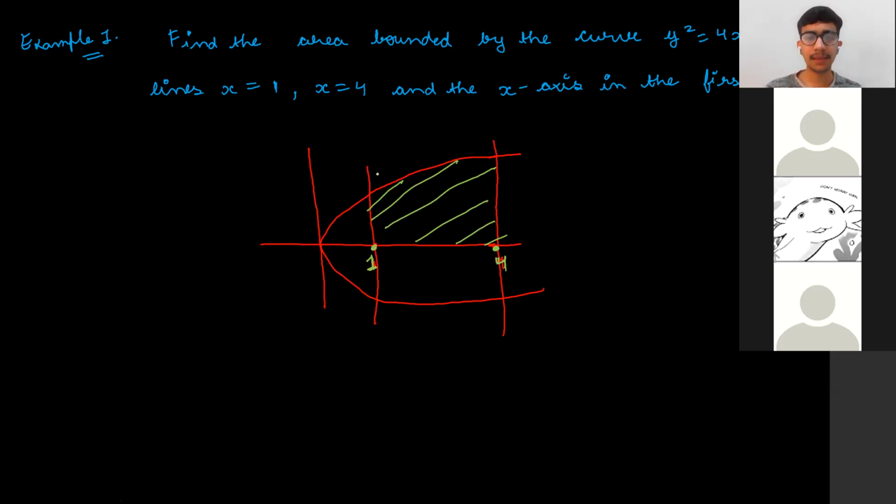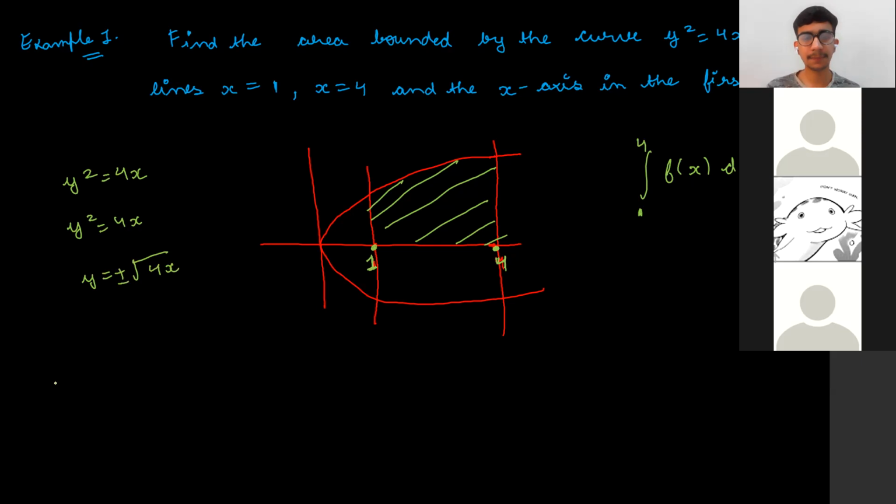Alright. So how will we calculate its area? We have y square is equal to 4x. Because we need the area bounded by the x axis, that means how will we calculate it? Integration f of x dx from a to b, that means from 1 to 4. So we need f of x, and what is here? y square is equal to 4x. So first we have to write y in terms of x. That means y is equal to plus or minus square root of 4x.